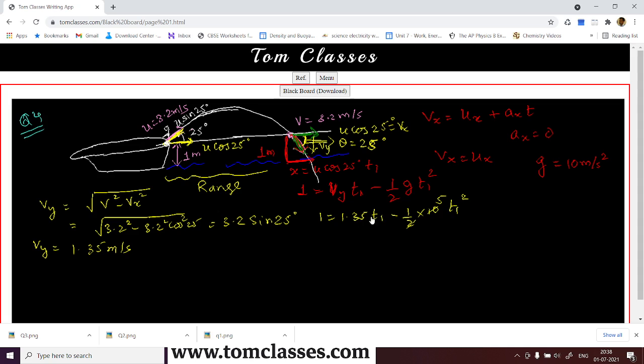If I work on this, my t1 is going to be, I can say, 5 t1 square minus 1.35 t1 plus 1 equals 0. So this is minus 4 into 5, that is coming imaginary time.